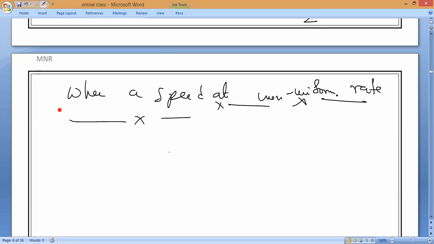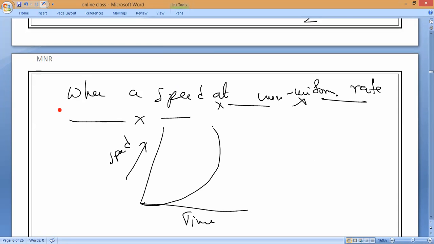So it is time on one axis and speed on the other. If it is a speed-time graph with non-uniform rate, then the graph will be curved. So write in brackets: non-uniform acceleration. So kindly remember that.